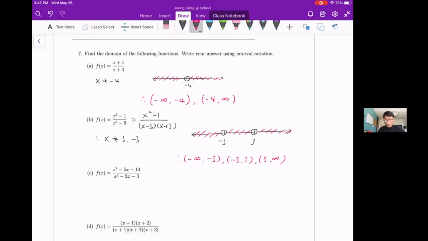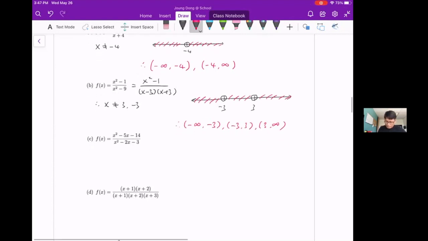What about C? We will do the same thing, okay? Factor your denominator. Again, to find the domain, you don't have to worry about the numerator, okay? It is x plus 1 and x minus 3. Then I can say x cannot be equal to -1 and 3.